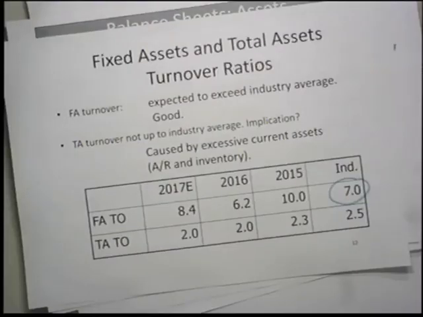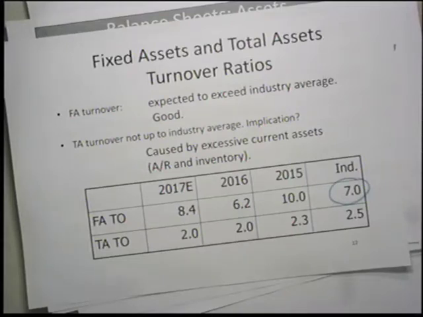Fixed asset turnover is expected to exceed the industry average by the end of 2017 because we project it to get to 8.4, whereas the industry average is 7. So we are not doing bad there. It's good. When you look at our total assets turnover ratio, the industry is 2.5.